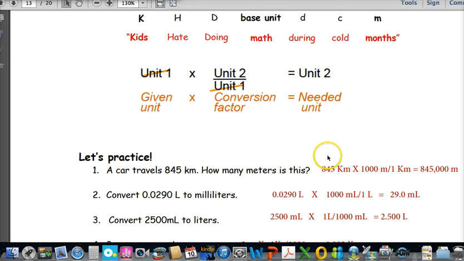So you'd put down 845 kilometers times how many meters are in a kilometer. There's 1,000 meters per kilometer. So you end up with 845 kilometers times 1,000 over 1. What you end up doing is multiplying 845 times 1,000, and that's going to give you 845,000.